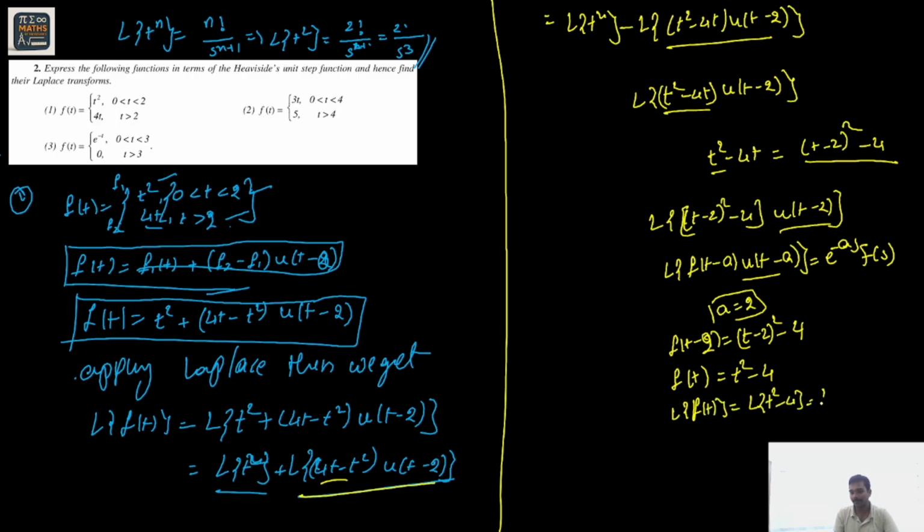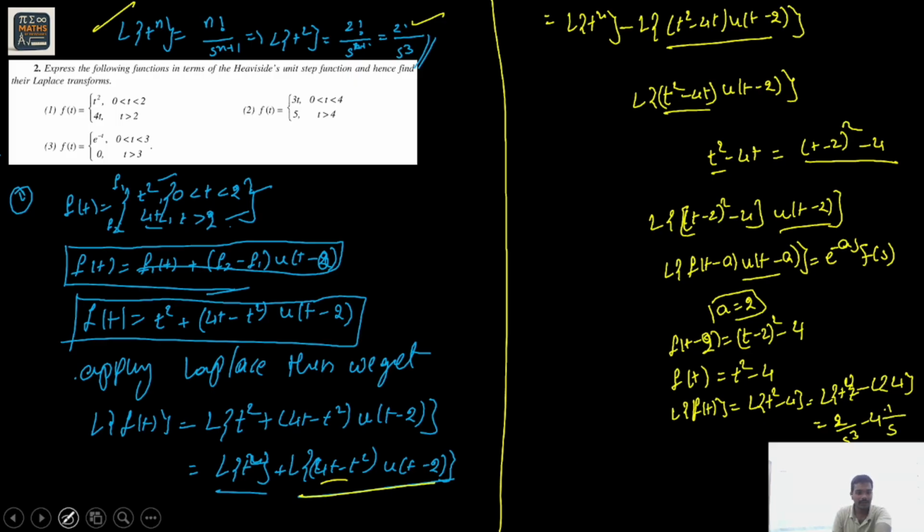By using the linearity property, Laplace of t square minus Laplace of 4. Laplace of t square value is 2 by s cube, minus 4 into Laplace of 1, whose value is 1 by s.